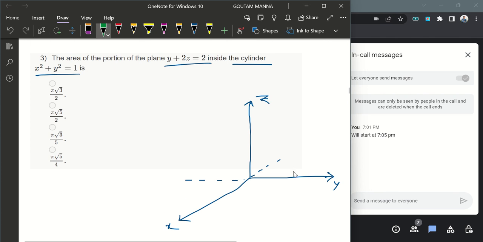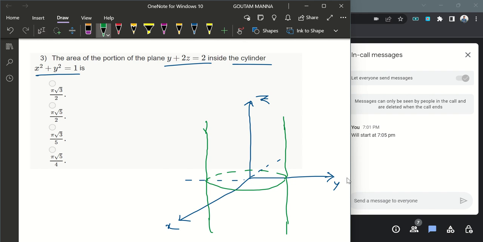So here we basically have a cylindrical region like this, and this plane, that is y plus 2z equals 2.